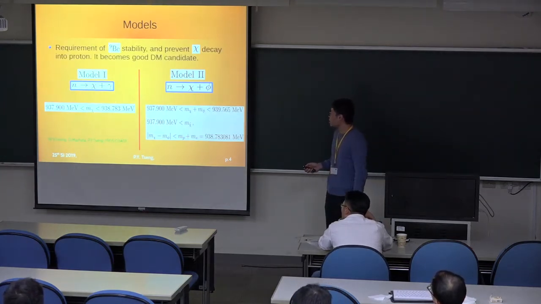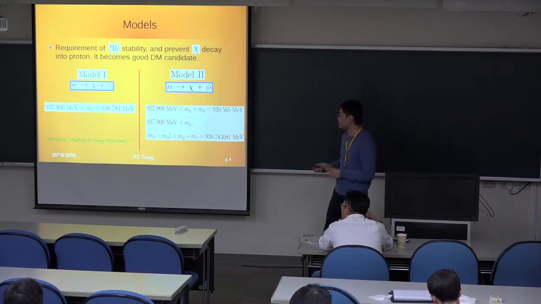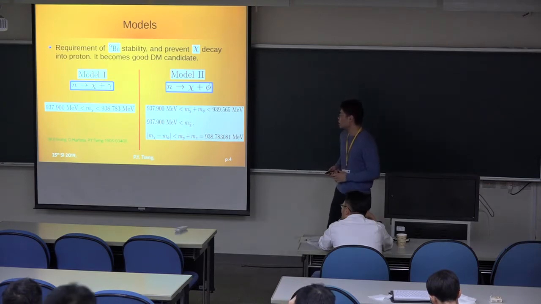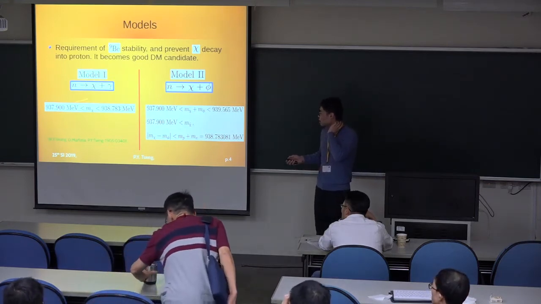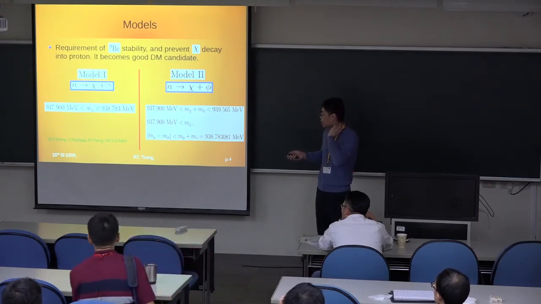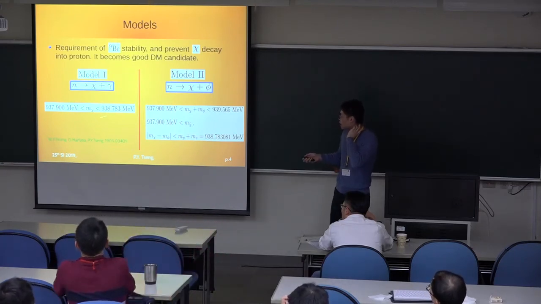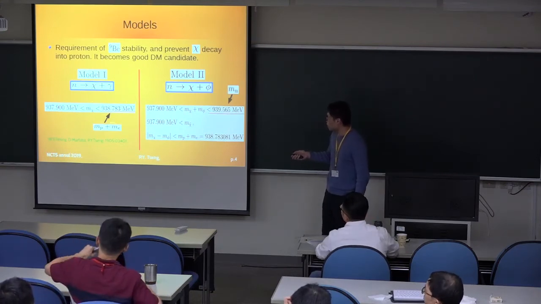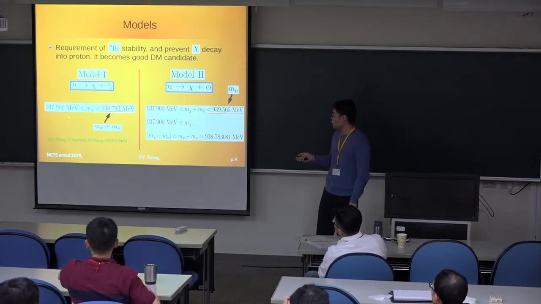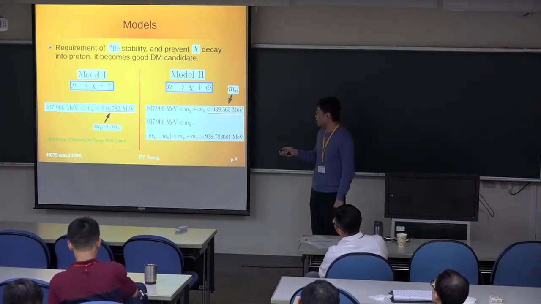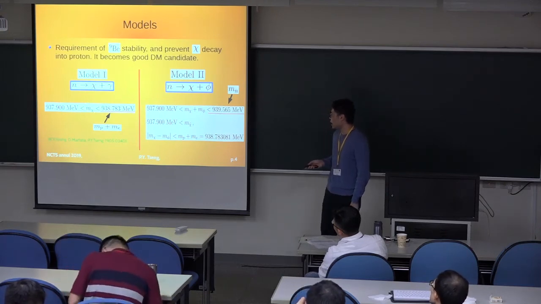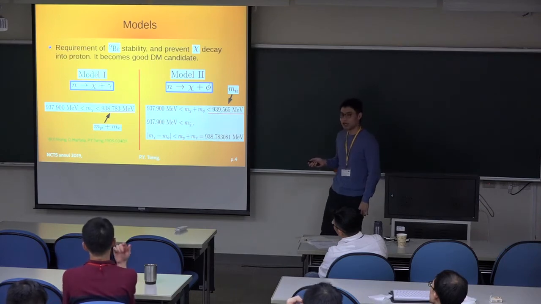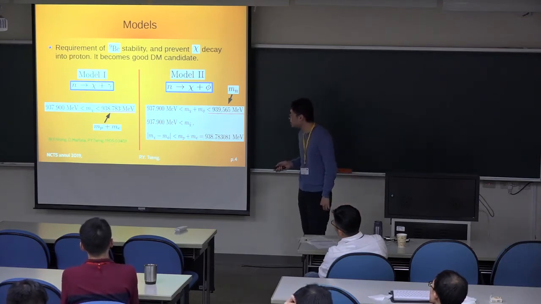Since they introduced a particle around the GeV scale, in order to be consistent with all the experimental observations, it turns out only a very narrow parameter region is allowed for the mass of the chi particle. The upper limit comes from the proton plus electron mass, which doesn't allow the chi to decay into a proton and an electron. It turns out the chi becomes a stable particle, so it becomes a good dark matter candidate.